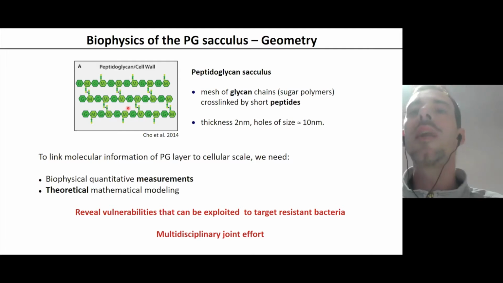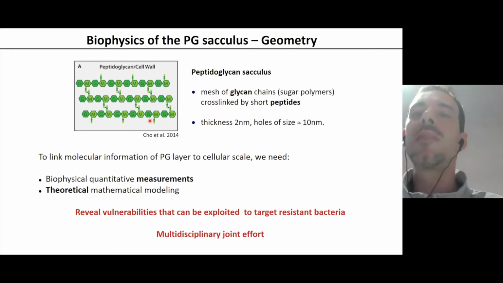Finally, these linkers and glycans create a network that has some holes, some pores, with a size of 10 nanometers, and the final network has a thickness of 2 nanometers on average.